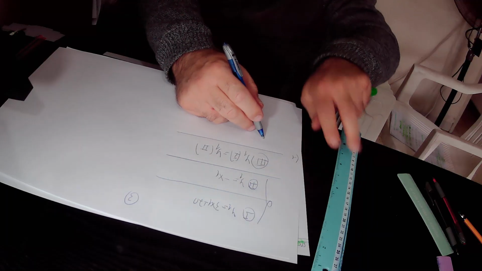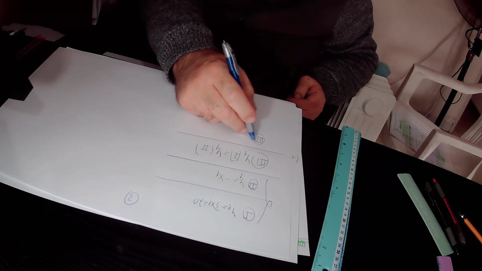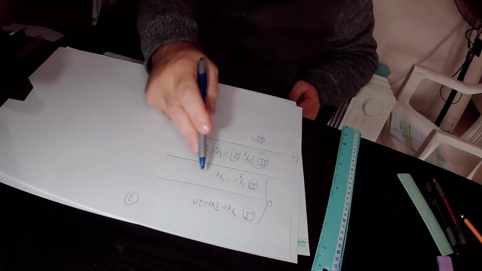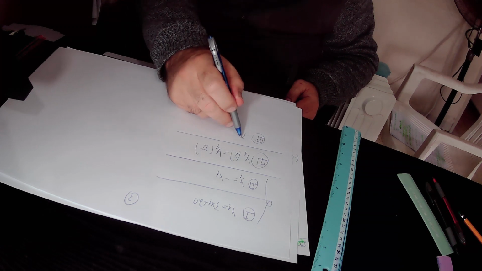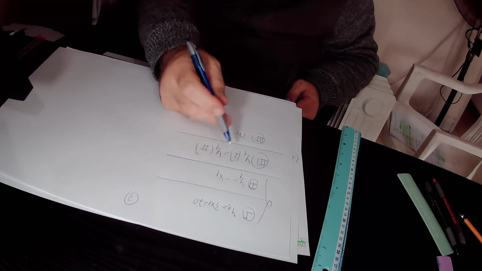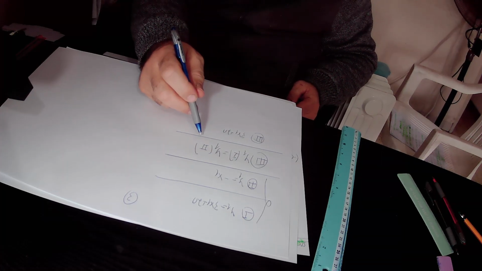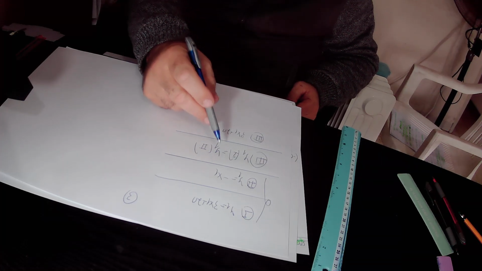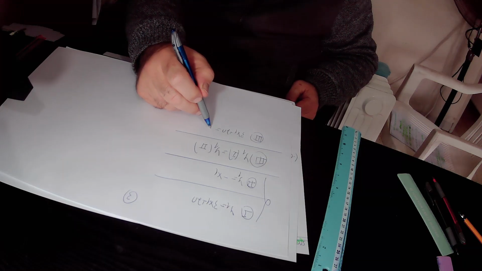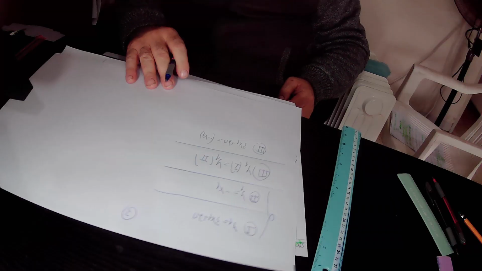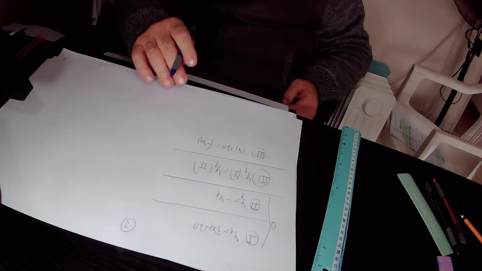So y1 according to equation 1 equals 3x1 plus 20, of course, and it must be equal to y1 according to equation 2, which equals minus x1. So in total, according to equation 3, we found out that 3x1 plus 20 equals minus x1.